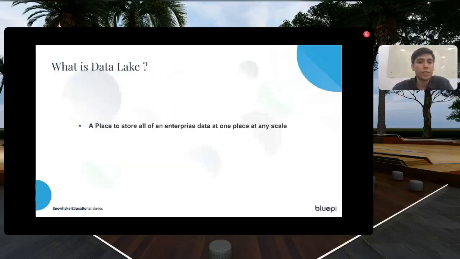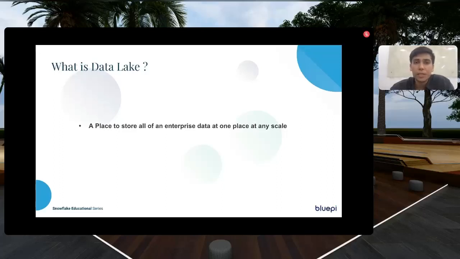So the very first question is, what is a data lake? And this is for those who are completely new to the concept. Simply put, a data lake is a place where you can store all of your enterprise data in one place. Now you would ask, why do you need to do so?